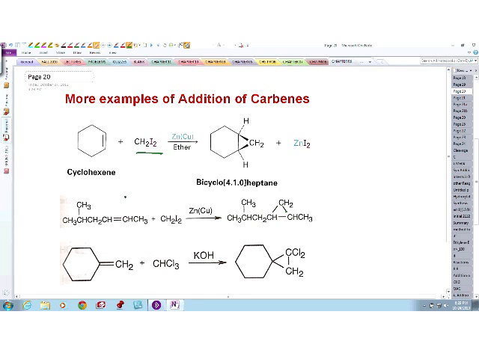See, our focus is only on the carbon-carbon double bond. Keep that in mind. The same thing happens here. Take this carbon-carbon double bond, chloroform, potassium hydroxide to form the cyclopropane. Okay, of course, with the 2 chlorine atoms attached to this carbon here. Okay, do you guys see the writing?